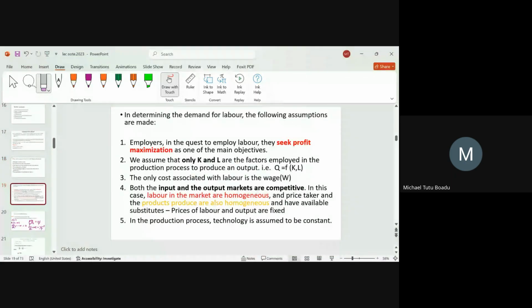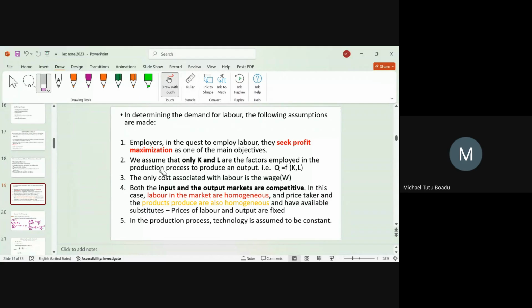So for us to determine demand for labor, we have to make some few assumptions. The first assumption is that you should always see the employer as a profit maximizing firm.